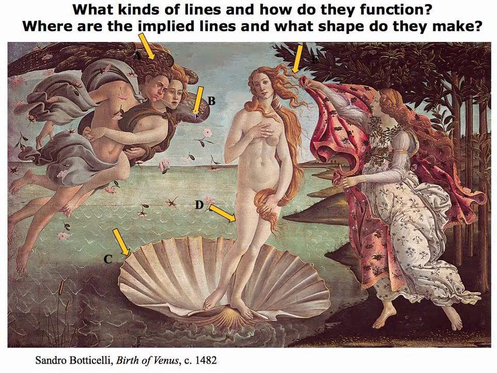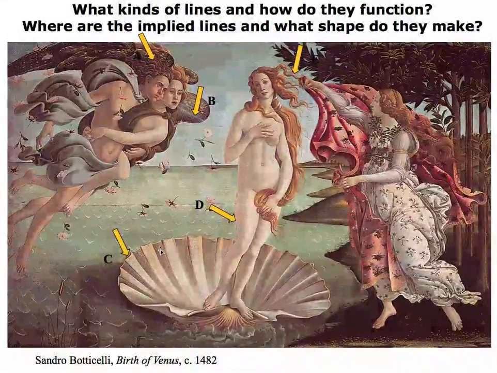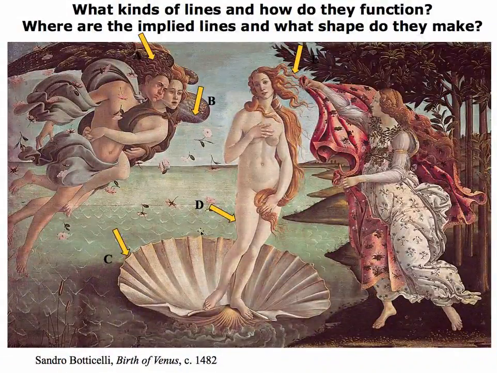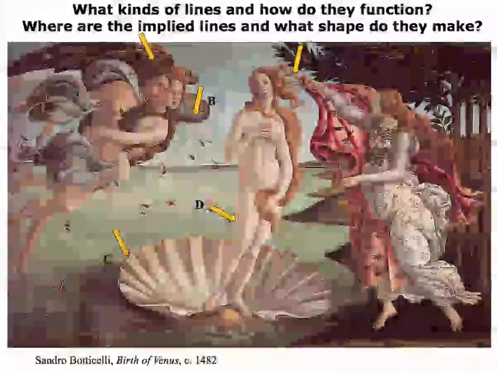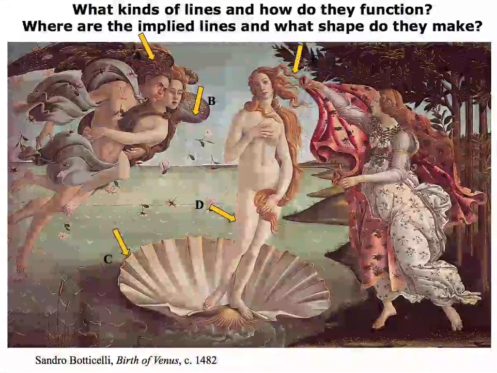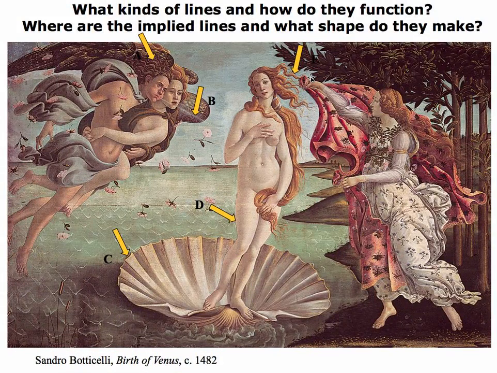That is an implied line. Going down to C, pointing at the edge of the shell that she's standing in, that's a contour line. D is likewise a contour line, the edge of her leg. And the last one, E, again pointing at Venus's hair this time, would also be an actual line.